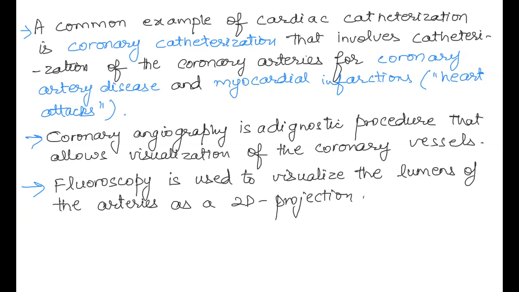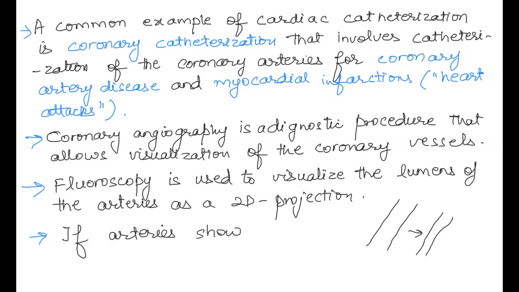If the arteries show narrowing or blockage, then techniques exist to open these arteries. If in the results we see that the arteries are blocked because the injected fluorescent material is not able to flow further, that means there is some blockage. Normal arteries are like this, and if they are narrowed, they are like this.